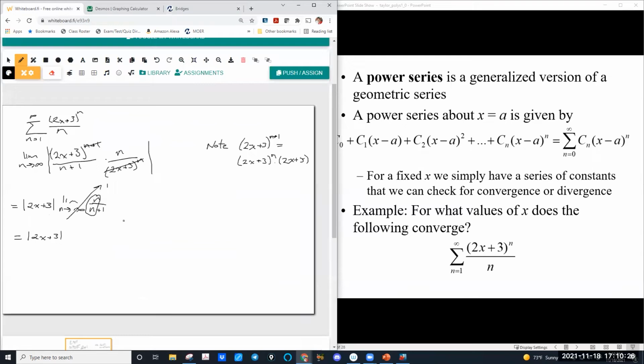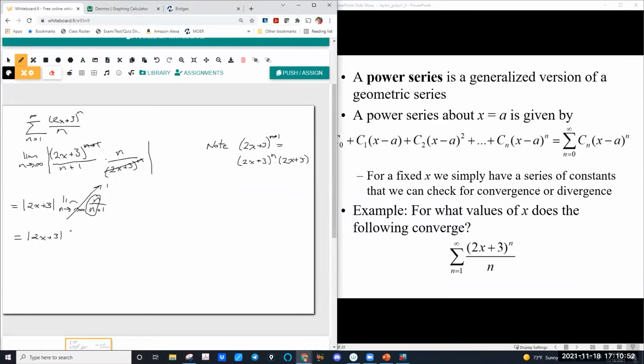In other words, we're finding what values of x make it converge. All power series will converge at least at a single point, and that would be whatever point makes the whole thing 0. Like -3/2 makes this whole thing 0. So worst case scenario, it converges at 1 point. Now, we'll look at all 3 cases too.